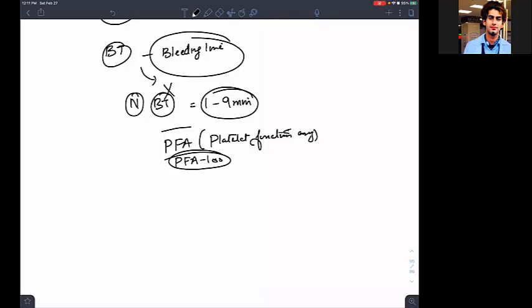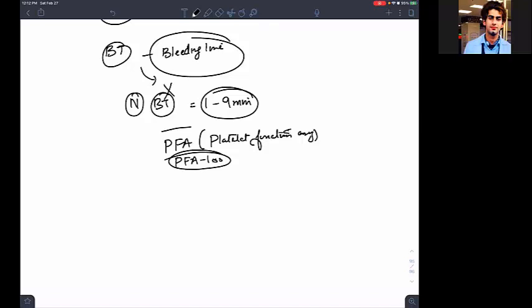The best example I gave you is aspirin or NSAIDs, non-steroidal anti-inflammatory drugs. They are inhibiting the platelet cyclooxygenase. Once you inhibit the platelet cyclooxygenase, you will have less thromboxane A2 and a platelet aggregation problem.